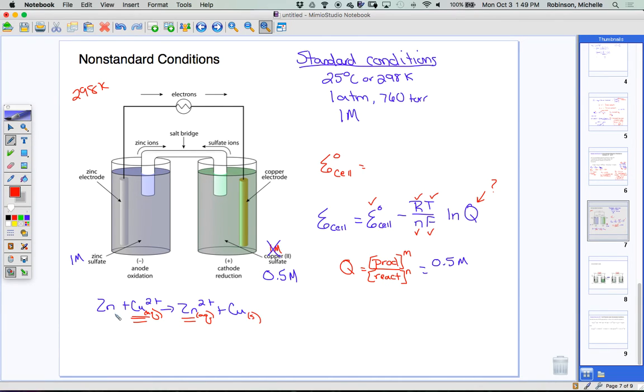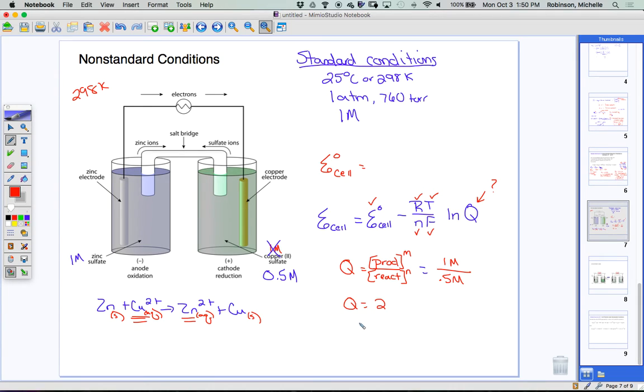Solids don't have a concentration. They're pure, so they don't really have a molarity, or you can say the molarity is 1. So this is a reactant, not a product. So I should have 1 molar on top and 0.5 molar on the bottom. So it's 2. So Q is 2.